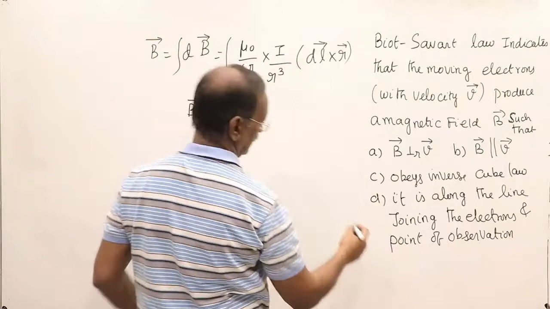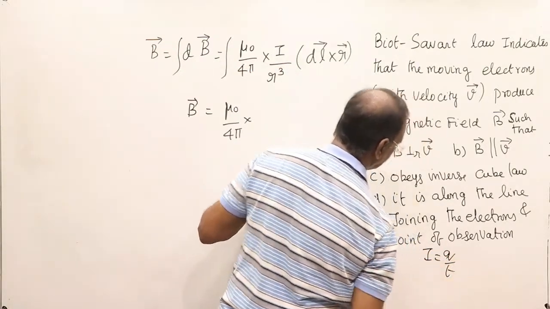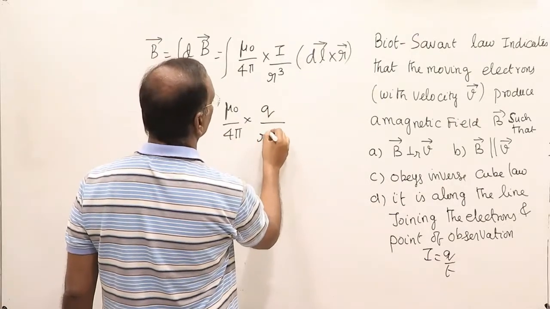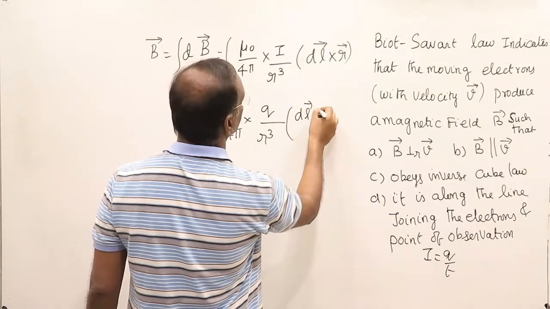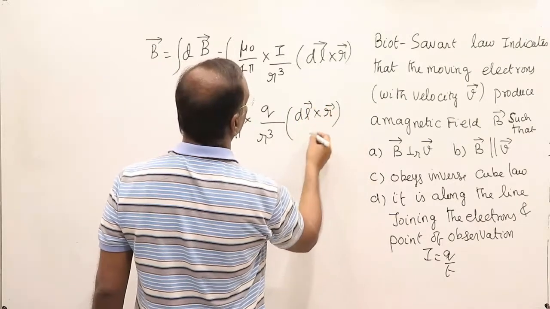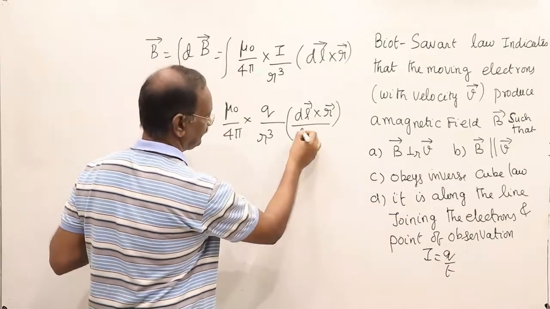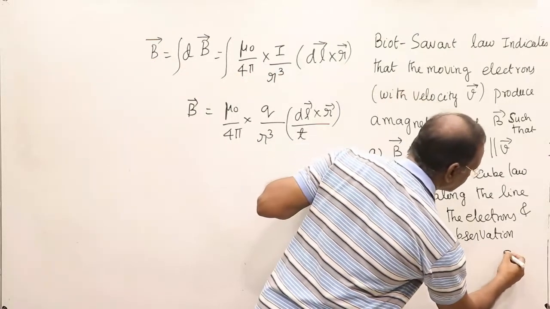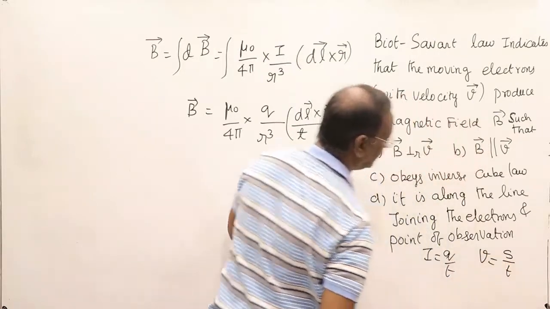What is the value of I? I is equal to charge divided by time. So B is equal to mu naught by 4 pi into charge divided by r cube into dl vector cross r vector, divided by time. Since time is a scalar, what is dl by t? Displacement divided by time is equal to velocity.